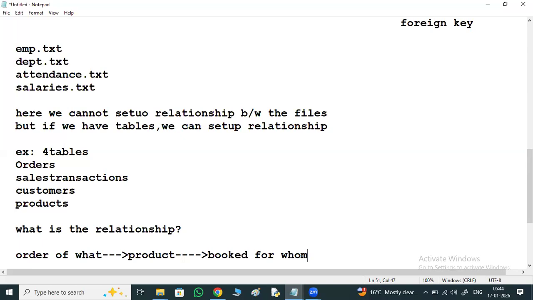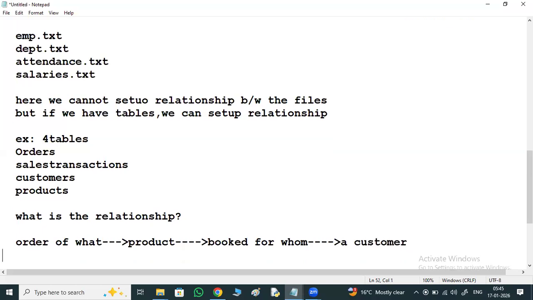Booked for whom? A customer. Once ordered, confirmed as a transaction.